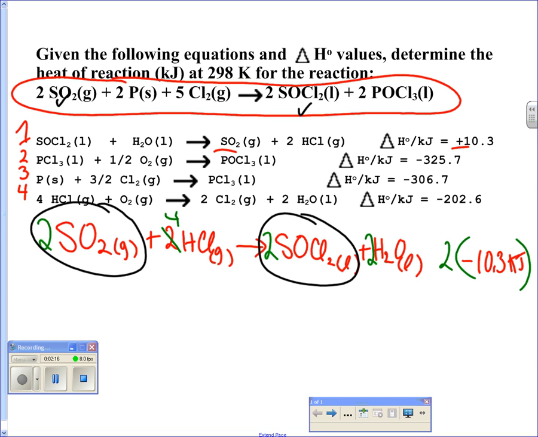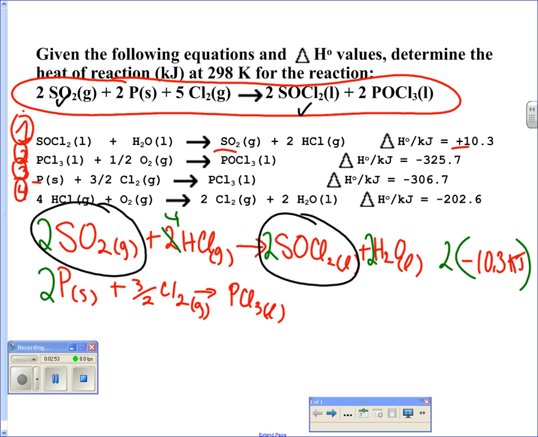Now I need to find my P's. I need two P's. In the third reaction, I can see that I have P, and it's a solid. I'm going to circle these because these are just the reaction numbers. It's on the correct side, so I'm just going to write down P. In this case, I need two of them, so again I'm going to multiply my reaction by 2.